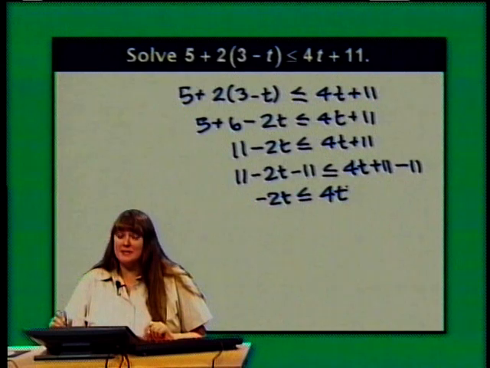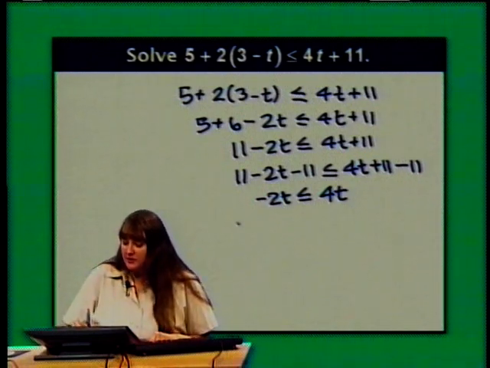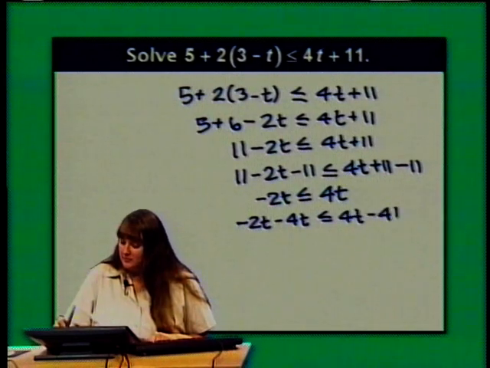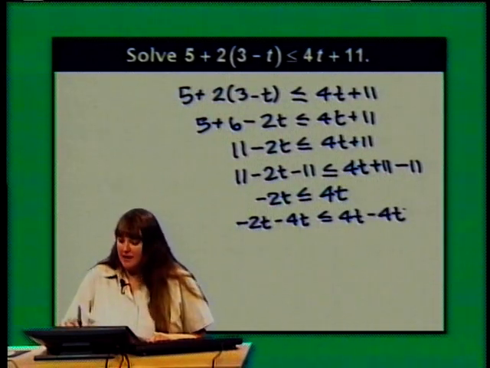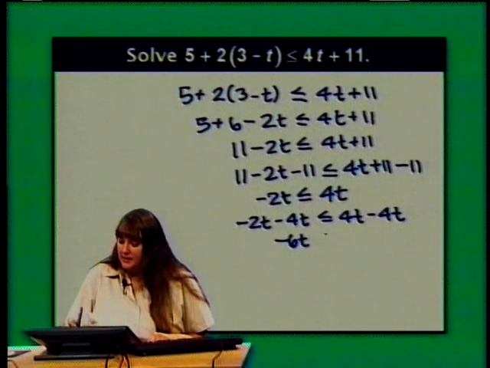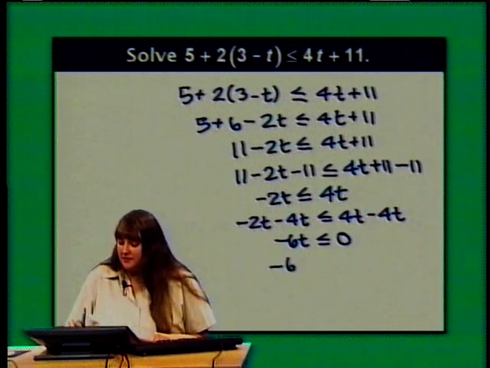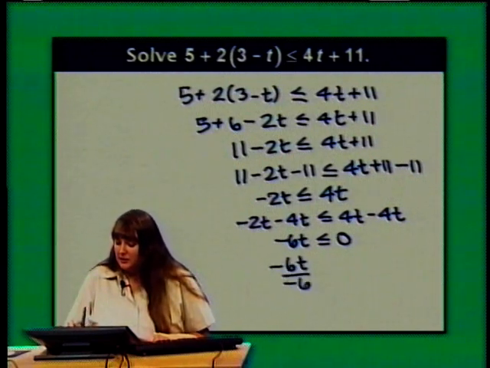Now, remember I said I was going to isolate my variable terms on the left-hand side. So to do that, I'm going to subtract 4t from both sides of this inequality. So now I have negative 6t is less than or equal to 0. To isolate t, I need to divide both sides of the inequality by negative 6.